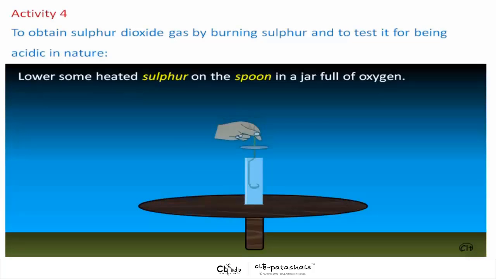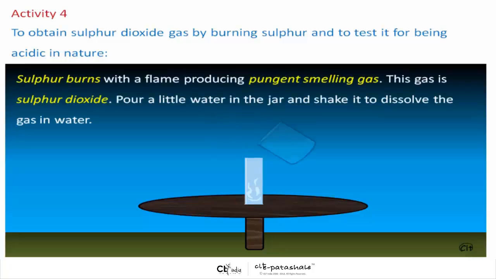Lower some heated sulfur on the spoon in a jar full of oxygen. Sulfur burns with a flame, producing a pungent smelling gas. This gas is sulfur dioxide.